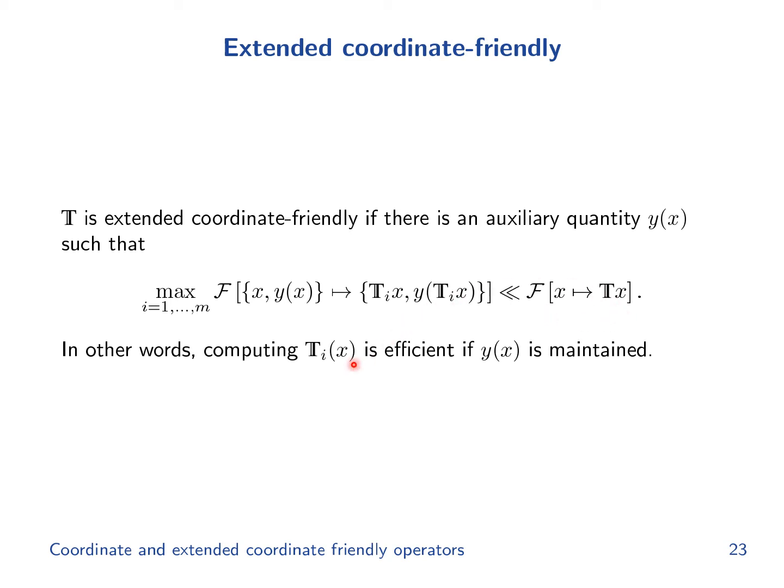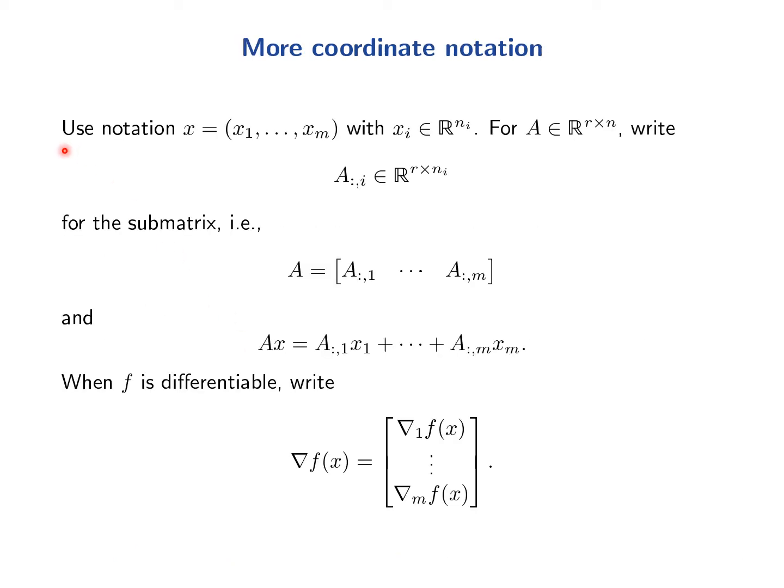In other words, computing just a coordinate with y of x maintained is efficient. We call this operator extended coordinate-friendly. To introduce examples of extended coordinate-friendly operators, we need to extend the coordinate notation.